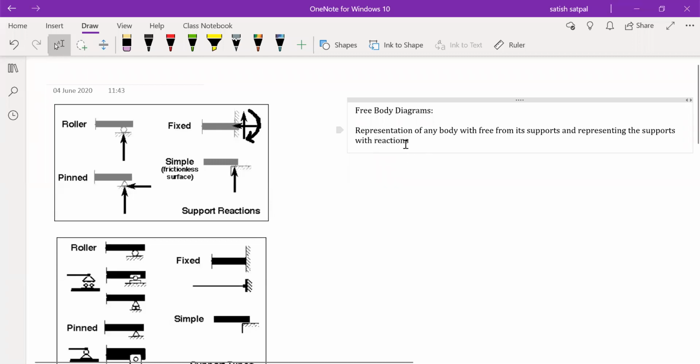And these reactions are not externally applied. Those are generated because of the support. Keep in mind that the statement can be different, but the meaning should be the same. You can find another definition in the book, but the ultimate meaning of that definition should be the same. It should not change.